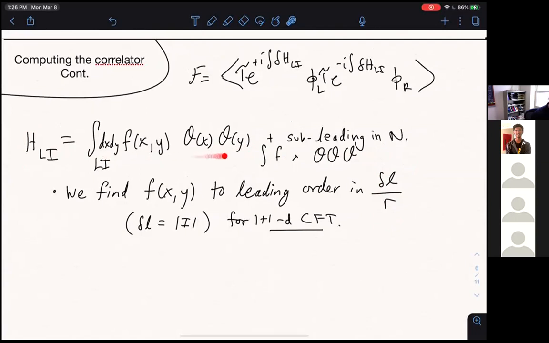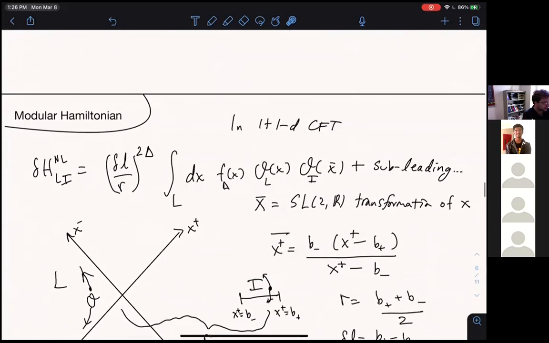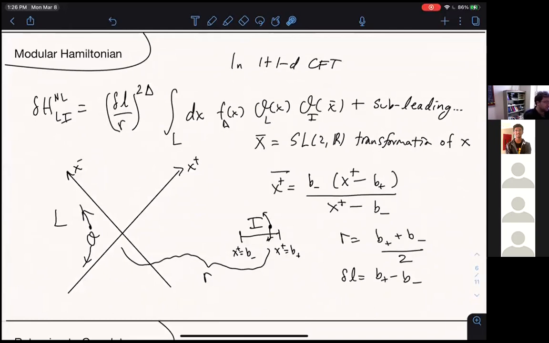So the leading term here is going to be the lightest operator in your theory. This is just because of the first correction to the clustering of the four twists. Yes, exactly, that's exactly right. I'm sorry, I totally didn't say that. So this is a bilocal operator, and these O's here are the lightest operator in your spectrum. So it's dominated by the lightest operator in your theory.